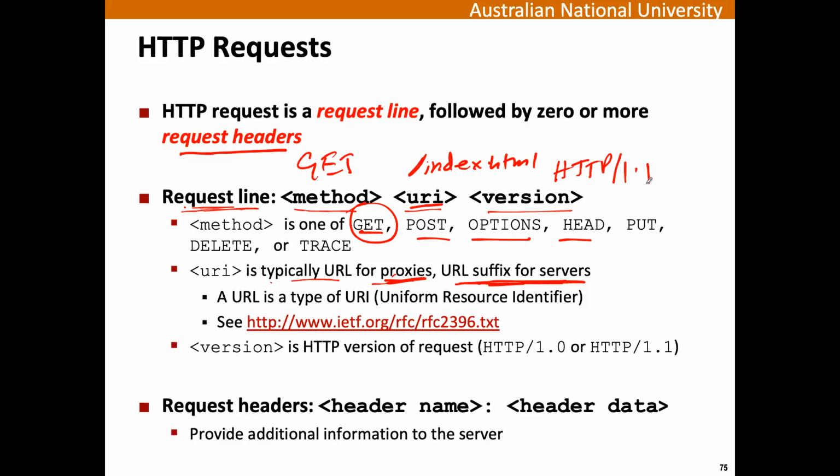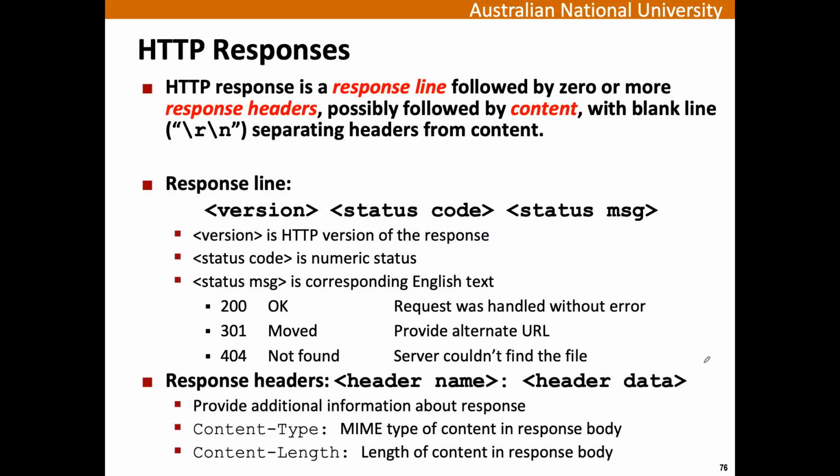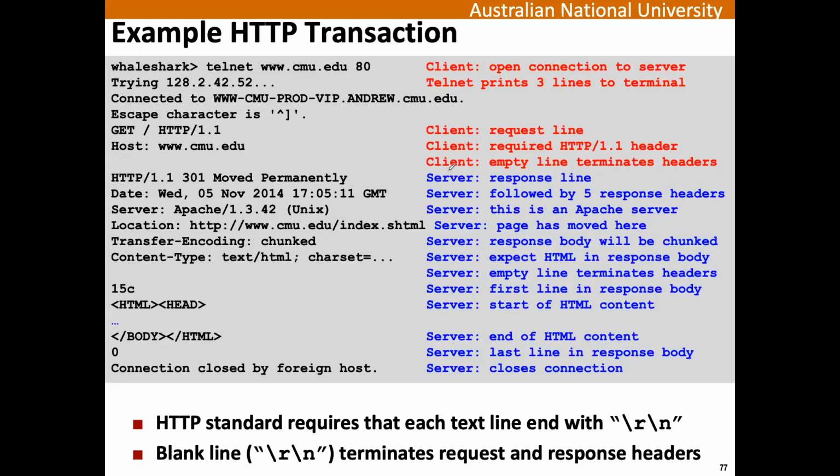Then there are request headers that convey more information about the HTTP request: header name, header data, and one example is host www.cmu.edu.